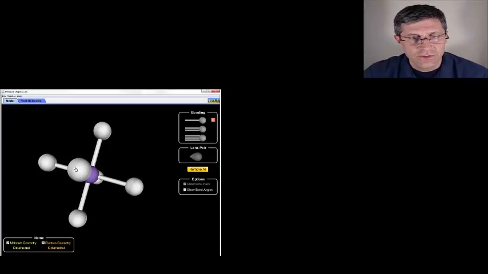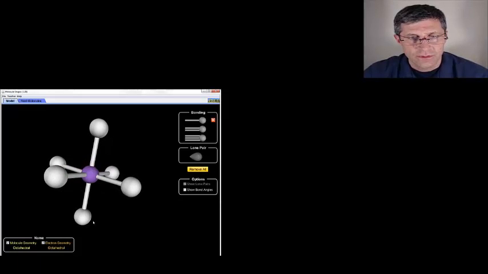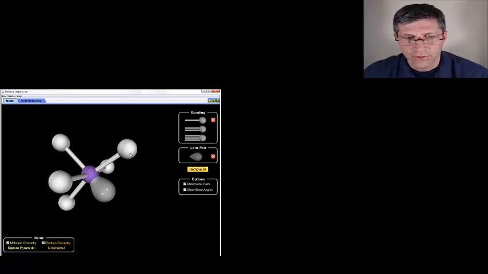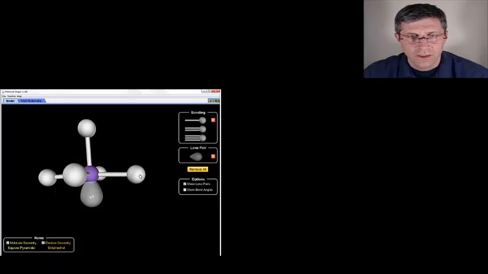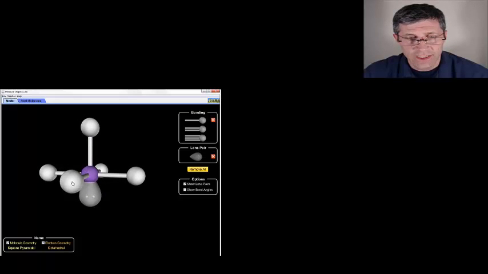Okay. Lastly, let's look at the octahedral. So the octahedral, when I have 6 different electron clouds that surround my central atom, I can replace one of those with a pair of electrons, and I get a shape that has the same electron geometry, still an octahedral electron geometry, but the molecular geometry is now something we're going to call square pyramidal.